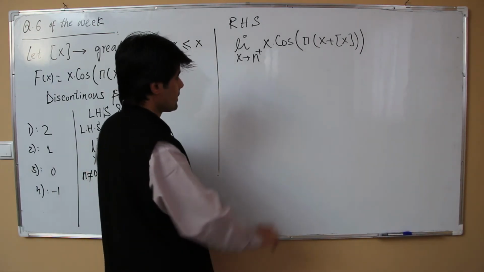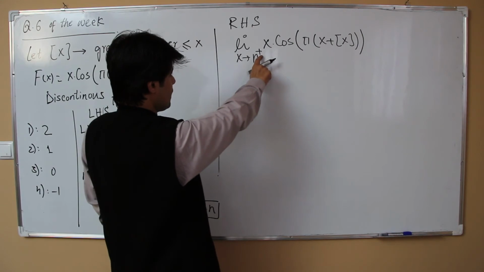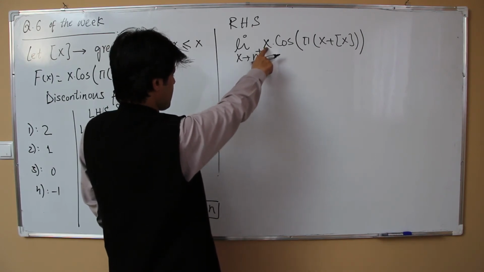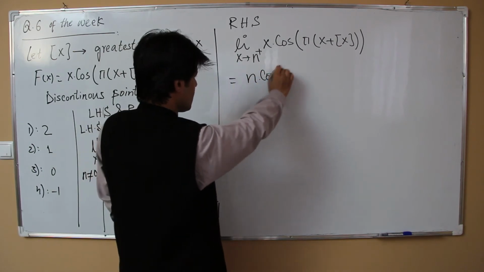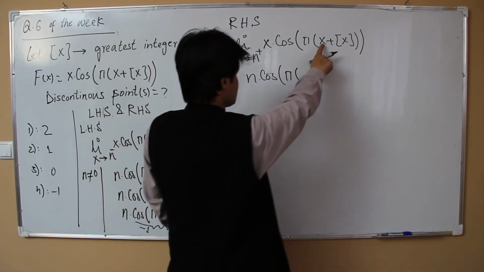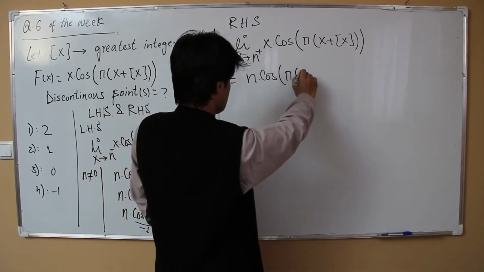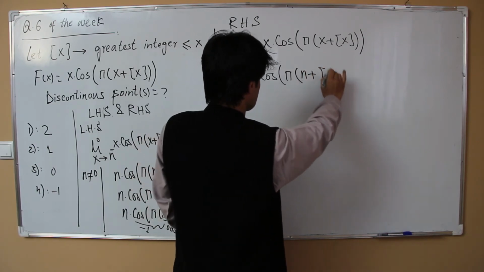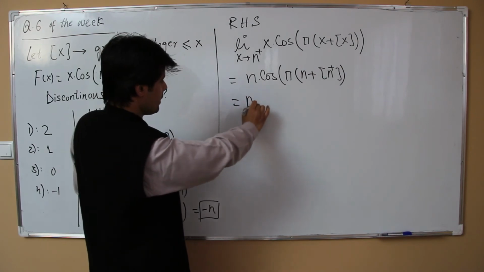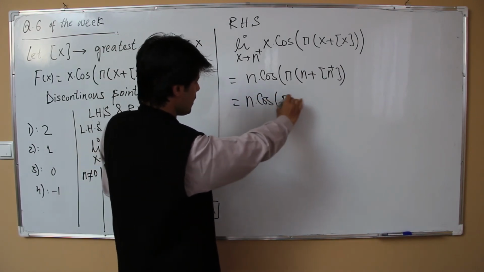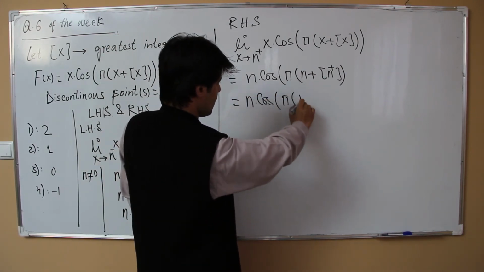Instead of x, you put n plus, and the value of x is once again n. Now we have n cosine of pi times the integer function of n plus.